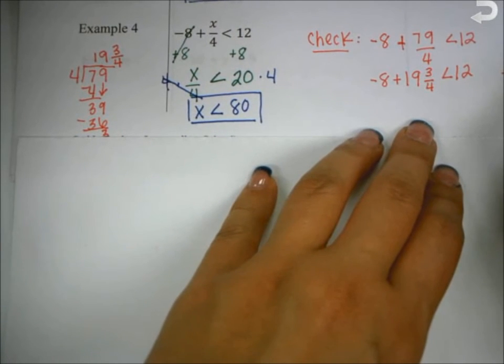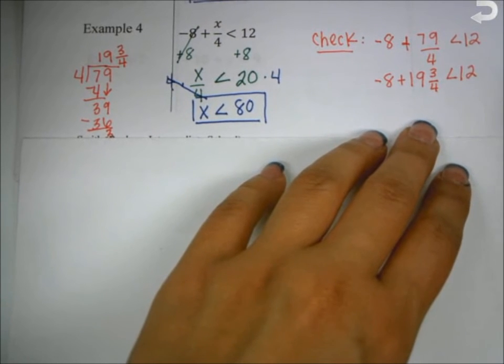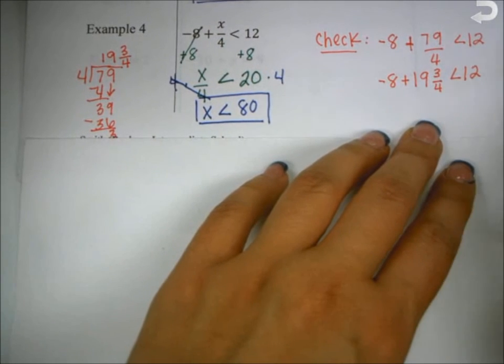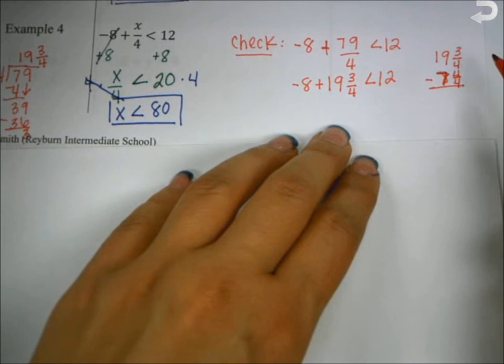Oh, you make it a 1 whole. Yeah, right? 7 is still 7, and 4/4 is how many? It's a whole, right? 7 and 4/4 is still 8. Does everybody agree with that?